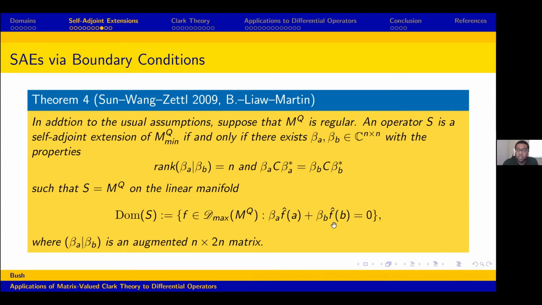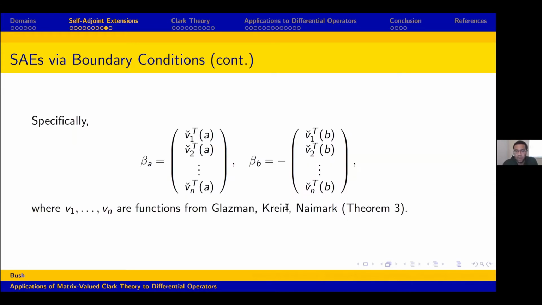So this looks completely like something from differential equations theory, contrasting the sort of maximal domain, minimal domain description and the defect space description from the other two ways of looking at boundary conditions. But this actually is related to the Glazman-Krein-Naimark result in the following way. And this is why I defined the check vector.